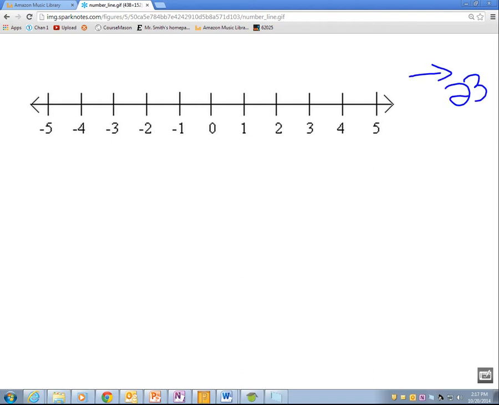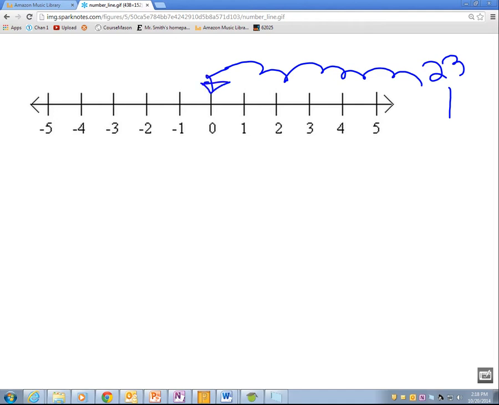When we're adding a negative 18, that means we are on the number line at positive 23, and we're going to be going this way 18 times, so 18 times toward the number 0. That's what it is when we have a minus or a negative sign.